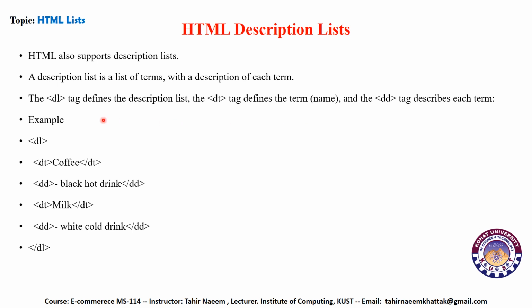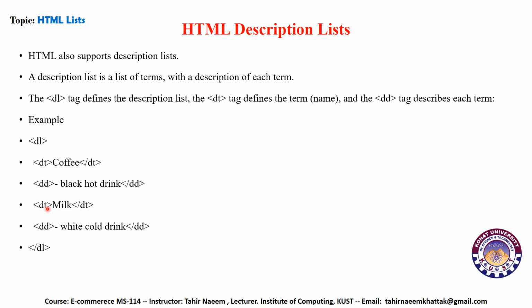Let's look into the example. Whenever we want to insert a description list, we have to insert the description list tag. As I have discussed, the description term tag is used to insert a description term. Here I have opened the description term tag, then the description term coffee, and here black hot drink. I have closed the description tag.